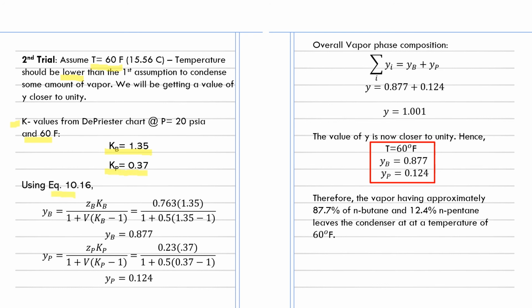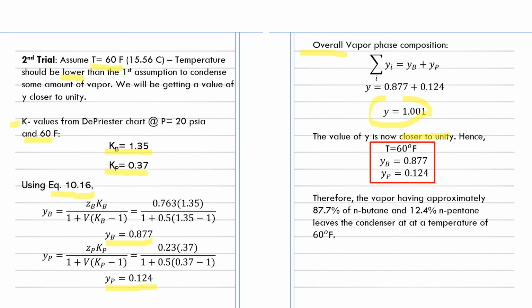Using equation 10.16 to calculate the vapor phase composition, 87.7% is butane and 12.4% is pentane. This leads to the overall vapor phase composition of 1.001, which is very close to unity.